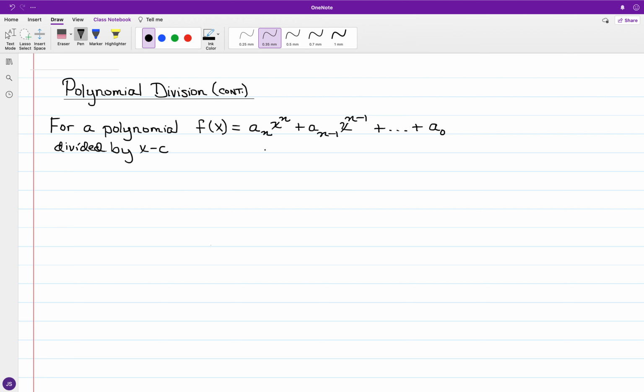Now the long division setup: it's going to be divided by x minus c.